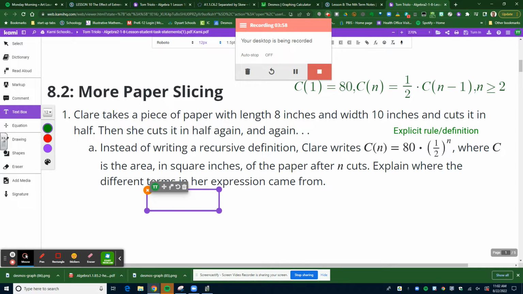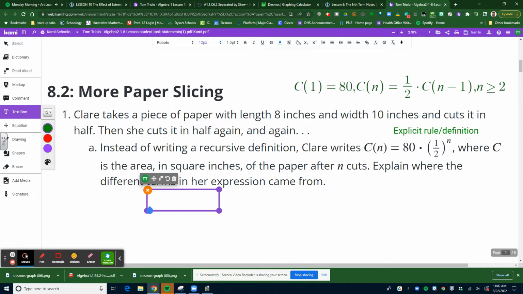How about it, Diana? What does the 80 represent? Yeah. Not the width, not the length, but when we put it together, what do we get? Length times width, Diana, is? Area. Okay, so area.